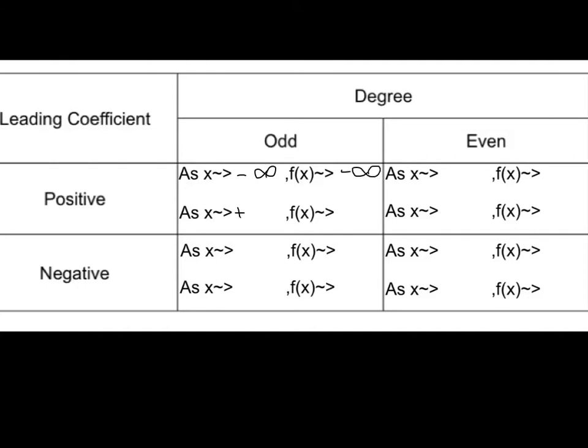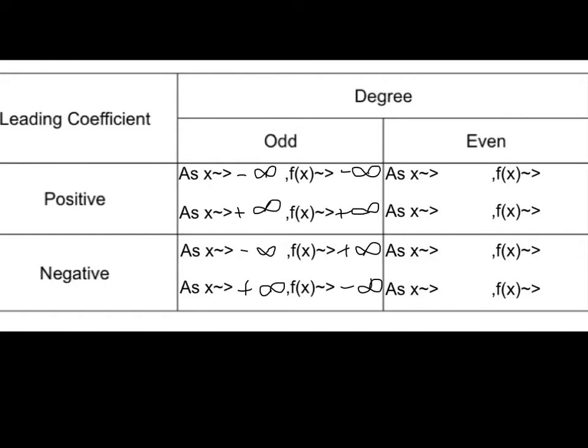As x approaches positive infinity, our function is going to approach positive infinity. Sticking with odd degree for negative, all we're going to do is flip-flop our function over the x-axis, right? So as x approaches negative infinity, our function is going to approach positive infinity. As x approaches positive infinity, our function is going to approach negative infinity.